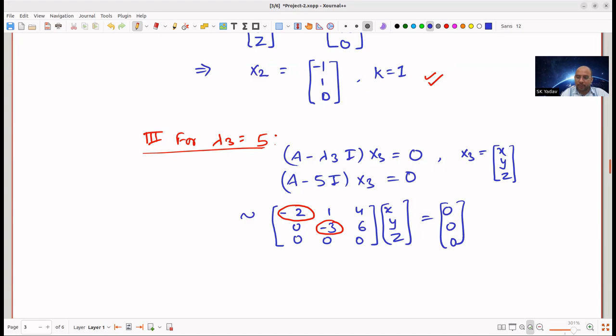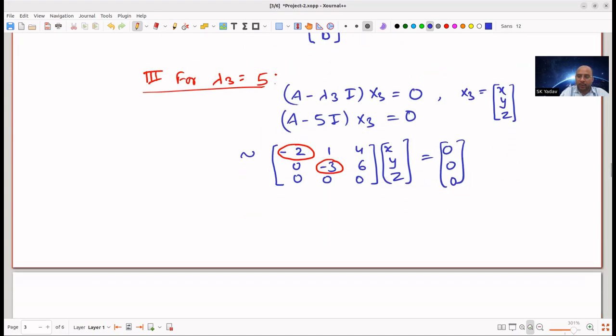Now it is easy to simplify. Now guess what the free variable is here. I hope you understand, it is z because the third column has no leading element. So let z equal to k.